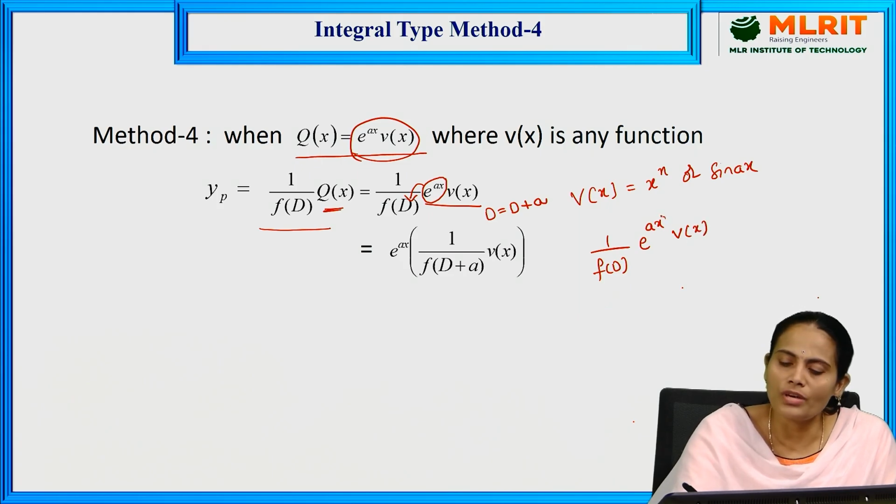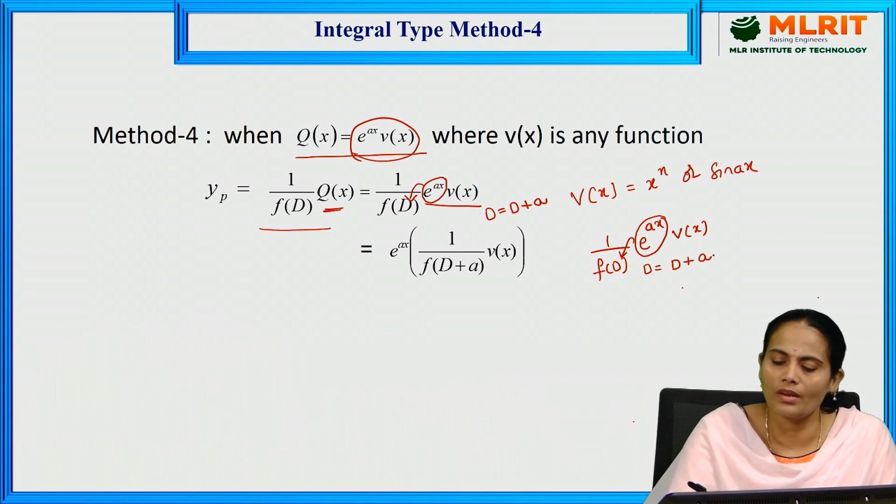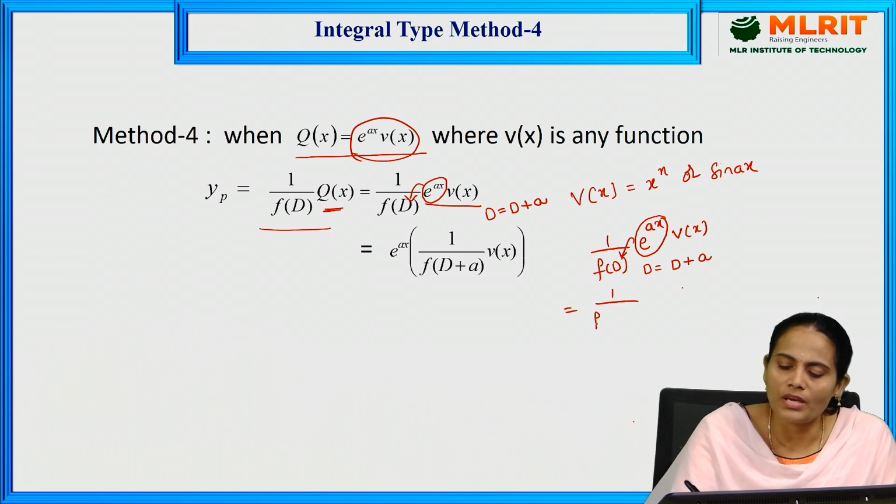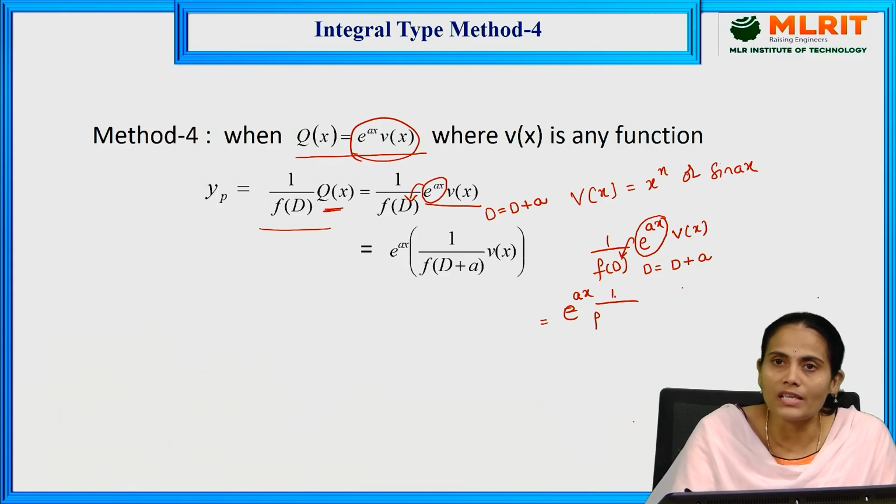So first you have to apply this e power ax on f of D by taking the substitution D equal to D plus a. So Yp is e power ax into 1 by f of D plus a into V of x.